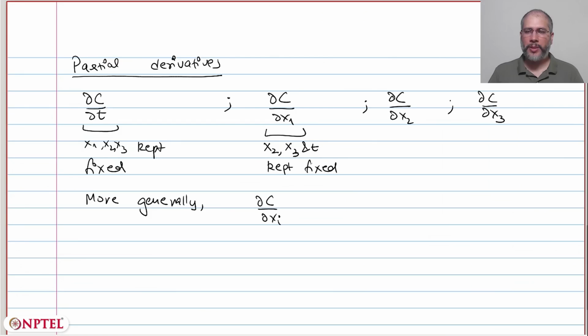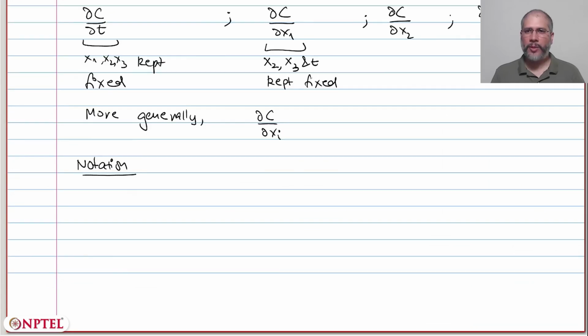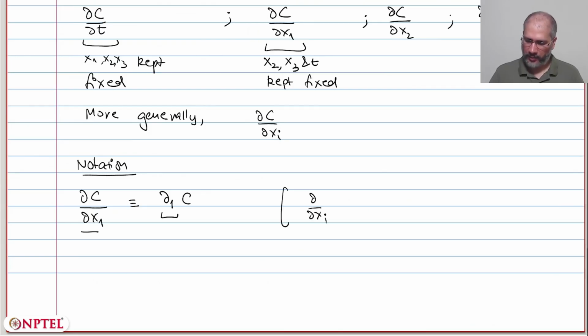So now let us talk a bit about some notation. So just to abbreviate this notation, we also sometimes would write del C by del x1 as partial with a 1 here and C. So this partial with a subscript 1 basically means that this is del by del x1 of C. So this del by del xi, for example, the operator, is written as del with the subscript i operator.